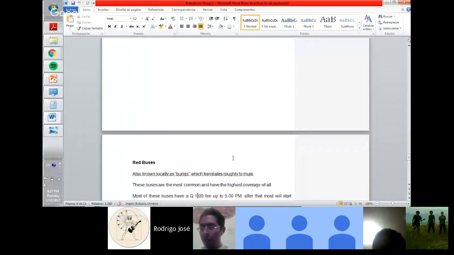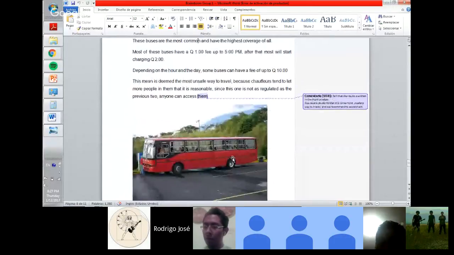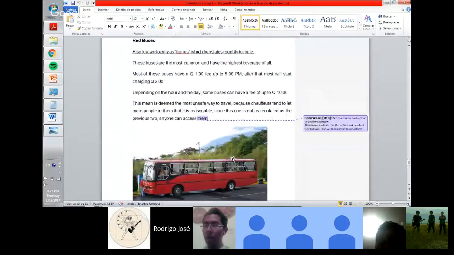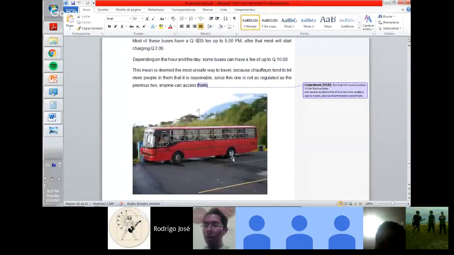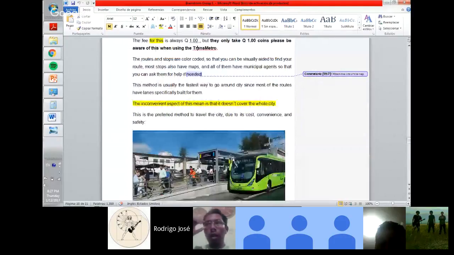Maybe we should try to get a map from the Transurbano so they can easily move. That was my idea, to put the maps over here. Actually, there are links online to the maps of the bus routes, so we just link that instead.